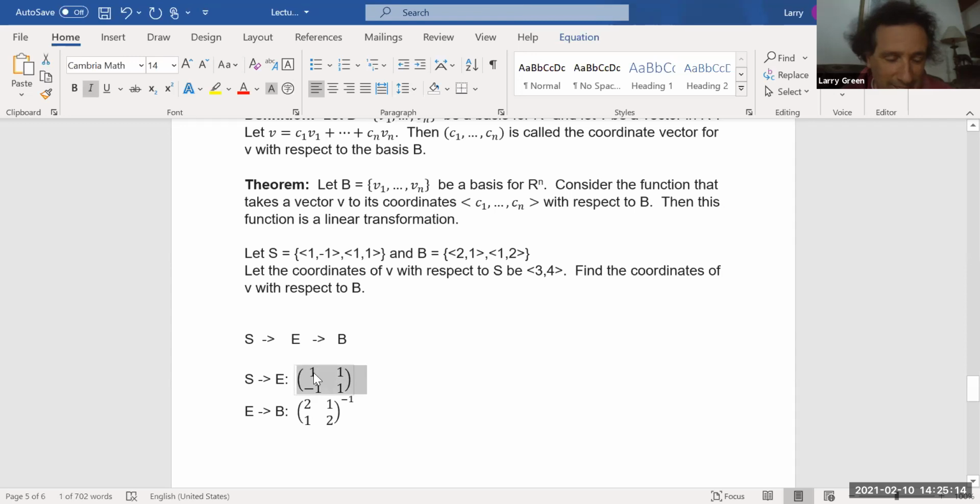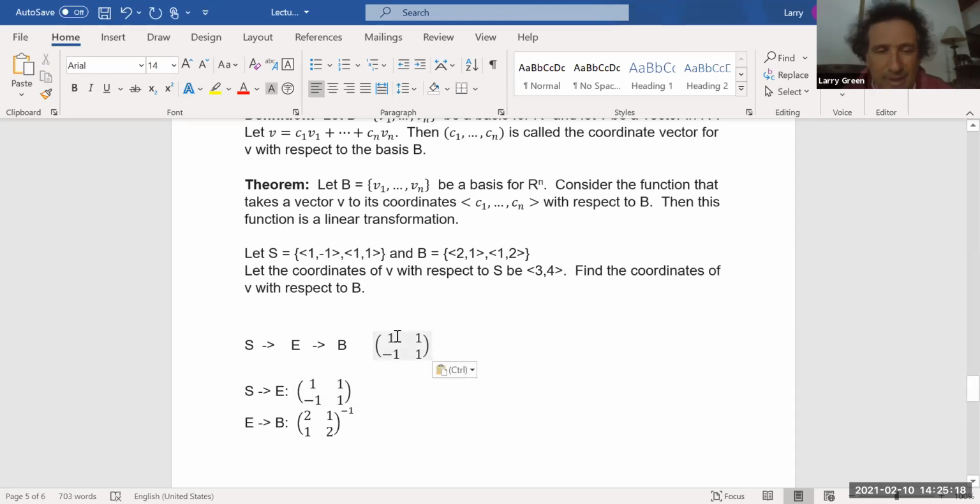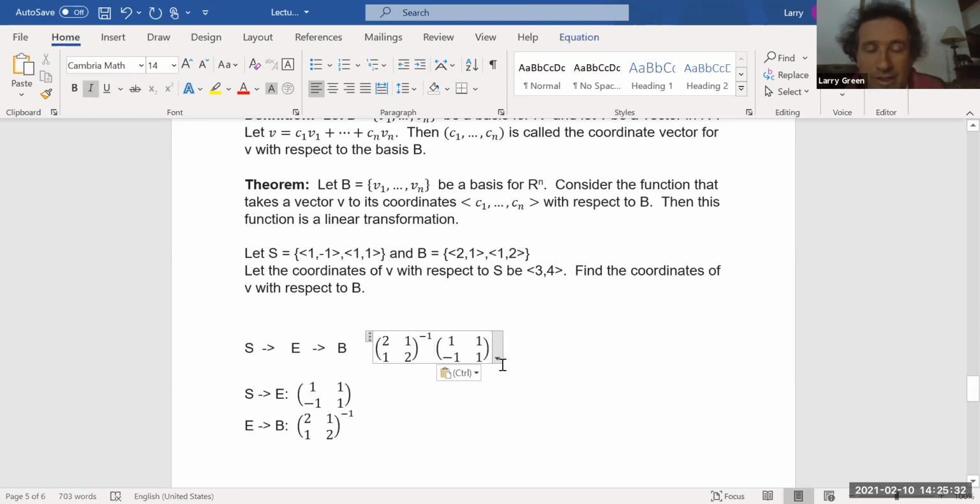So I'm going to go S to E, and then we want to go from E to B. But this is where you got to be careful, because these are functions and functions get read backwards. So you got to read from right to left and then it works. And then I need to multiply by this 3, 4, right?